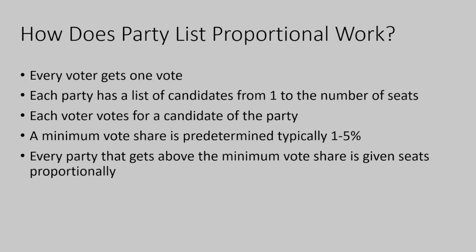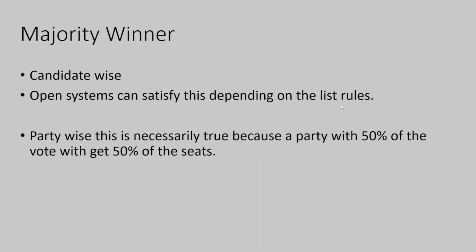So how does this stack up against the criteria we have selected? Majority winner, candidate-wise: open systems are effectively kind of like multi-winner first past the post in this regard.